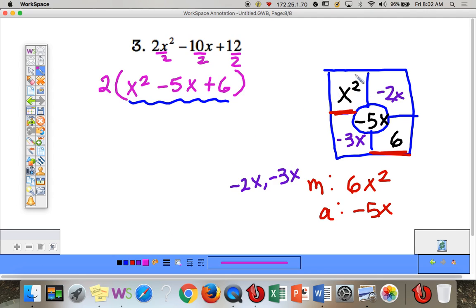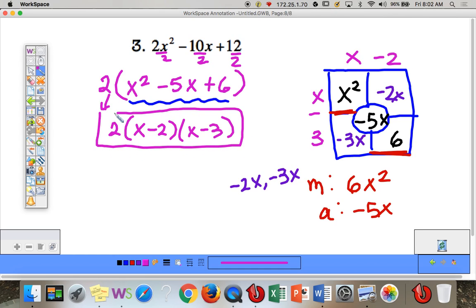So it multiplies to x squared, that's x times x. X times what gives us negative 2x? That'd be a negative 2. X times what gives us a negative 3x? Negative 3. So our factors are x minus 2 and x minus 3. And don't forget about this 2 that we pulled out. So this is the factored form.